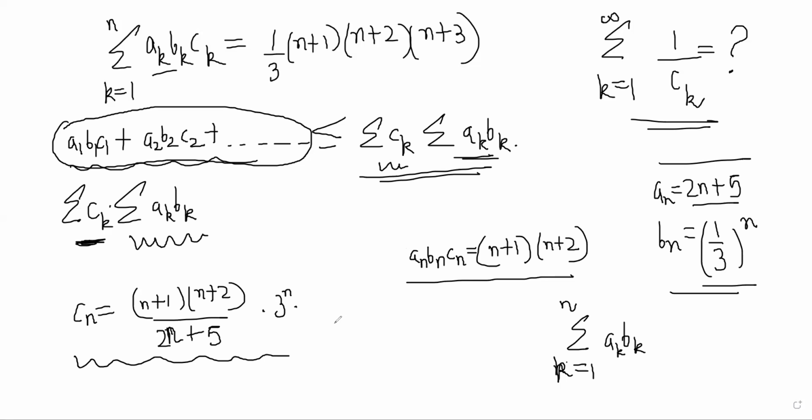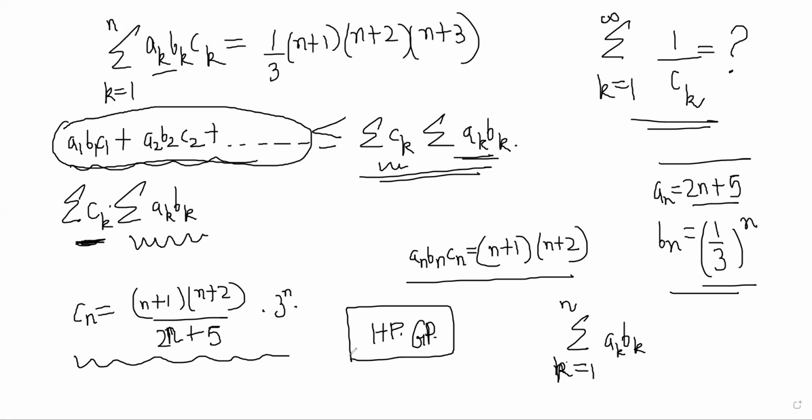So, right now, I'm not getting any nice way to do the summation of 1 by cn. We can simplify 1 by cn and all. We did that, but the problem was it was becoming an HP multiplied by a GP, right? Maybe we can still do it.